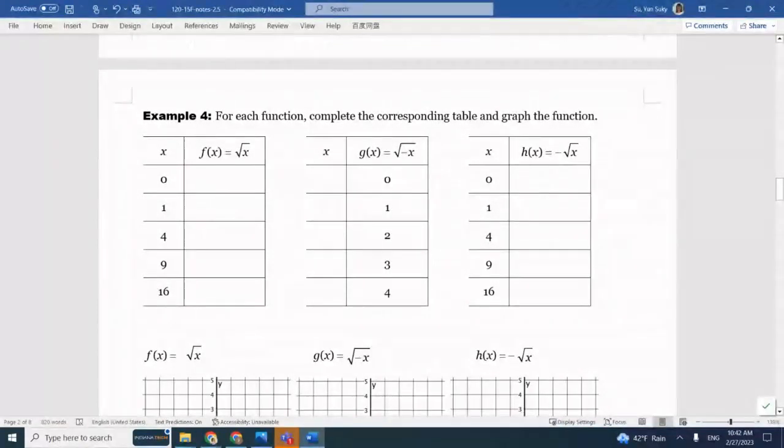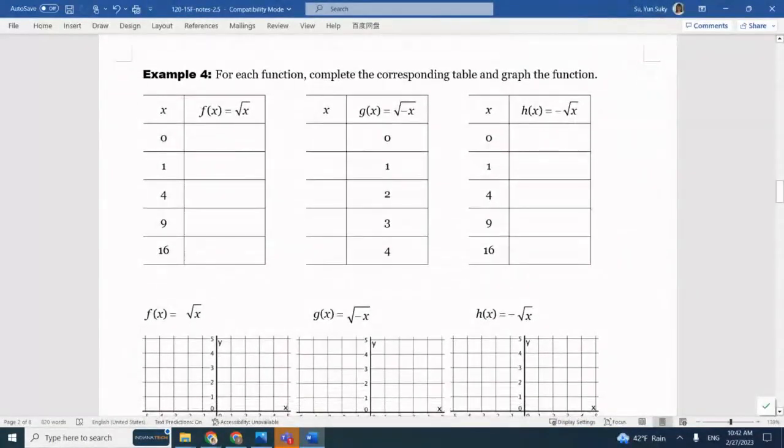All right, next one. For the following, complete the corresponding table. Okay, what does square root of x look like? Yes, like that, right? So square root of 0.